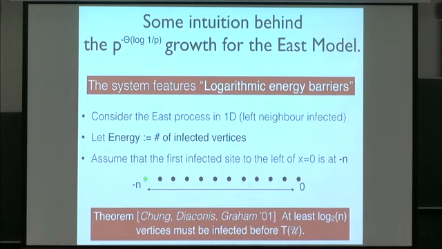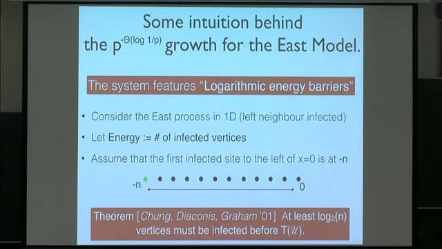Well, this brings up a combinatorial question that was solved by Chung, Diaconis, and Graham in 2001. They proved that in order to bring infection to this vertex here, you have to create at least log base 2 of n vertices that are infected.